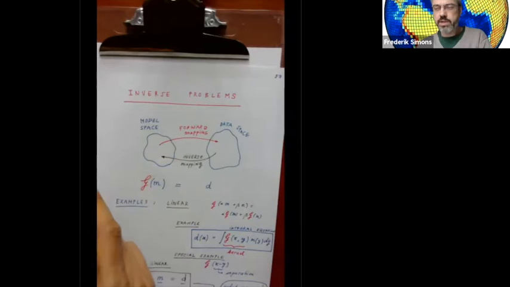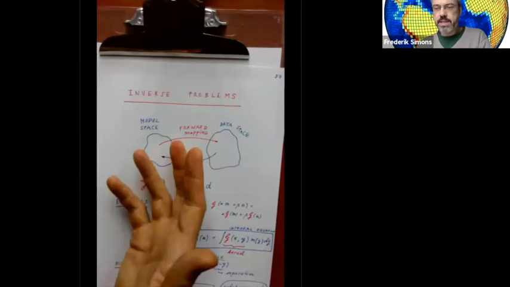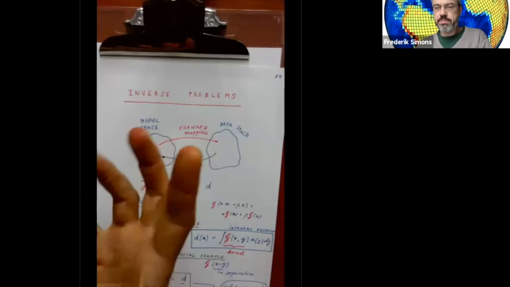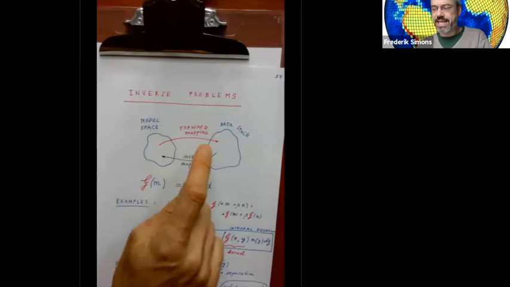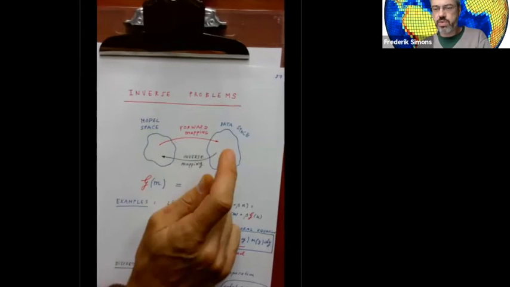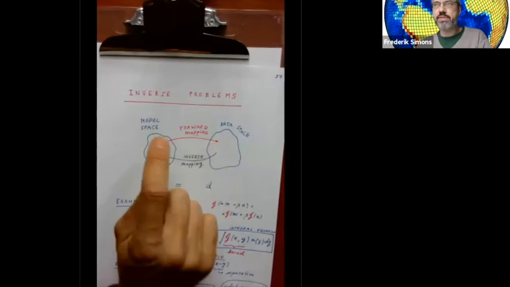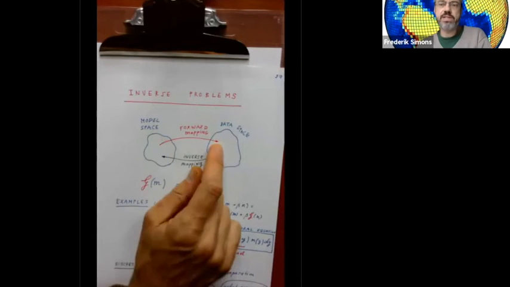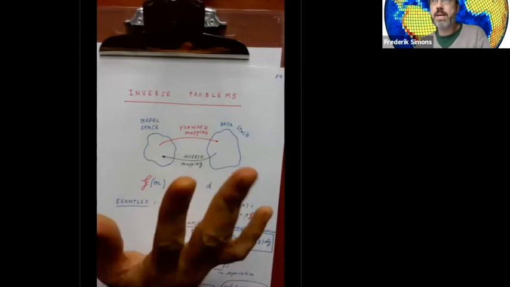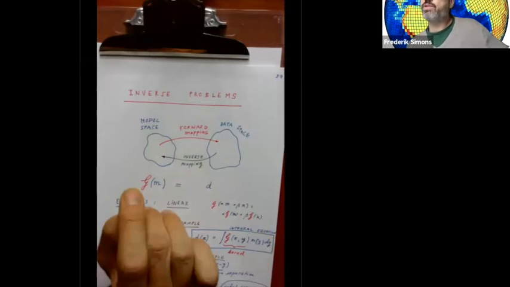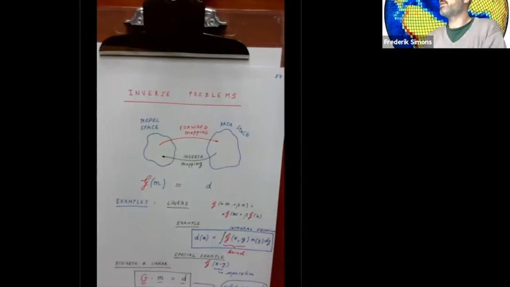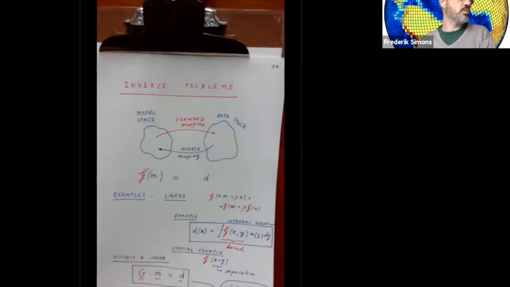Does that trigger in your mind that some pieces of the model space may map onto the same thing in the data space, and that's going to be really hard to undo, but if it's bijective, it's going to be really simple and easy? Surjective and injective are terms I barely remember, but they come from set function theory. And that's going to become clear very soon: not all of these mappings are immediately doable.